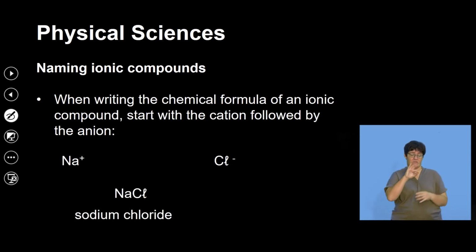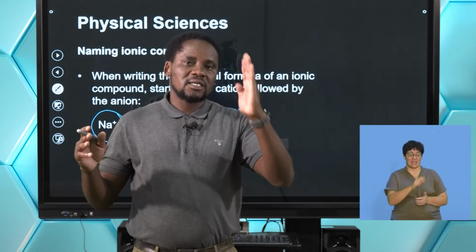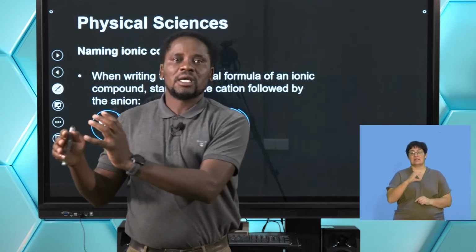So when writing the chemical formula of an ionic compound, you start with the cation followed by the anion. So if we've got the sodium ion and the chloride ion, we always start with the metal followed by the non-metal. And the main idea is that at the end of the day, these charges must cancel each other out. So if you realize, it's Na plus 1, Cl negative 1.